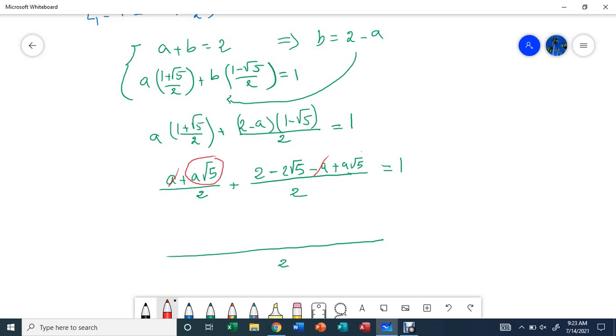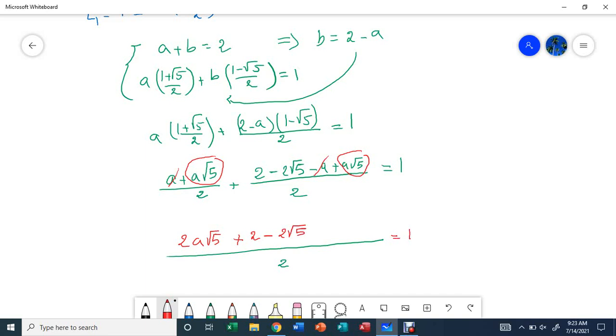So I have 2A square root of 5, and I have 2 minus 2 square root of 5 plus 2 minus 2 square root of 5, and everything equals 1.